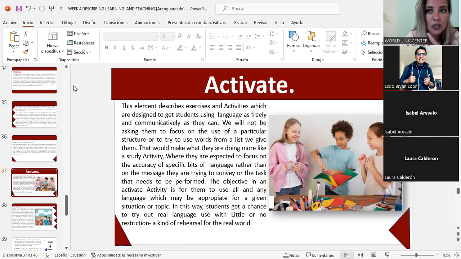In activate, you have to monitor if they are learning. It's a phase that consists of tasks or activities that you design for them, and you have to realize the kind of activity that you are going to create for them. Or you have to be sure they can do the activity.